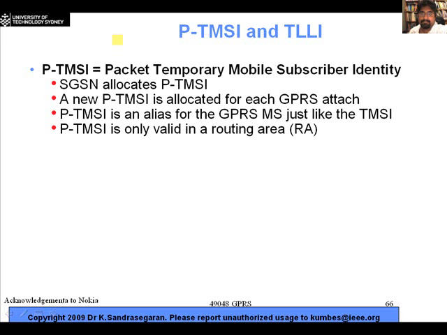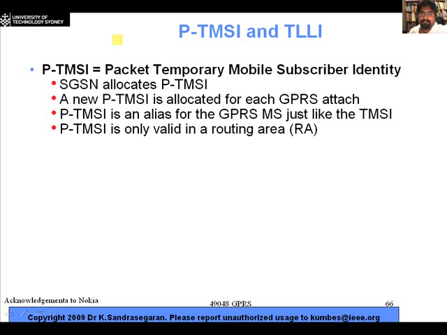This is the resource I talked about earlier, because only when you're in the ready state do you have a PTMSI. When you move to a standby state, that PTMSI is taken away from you. So a new PTMSI is allocated for each GPRS attach, and a PTMSI is like the TMSI in the GSM case.